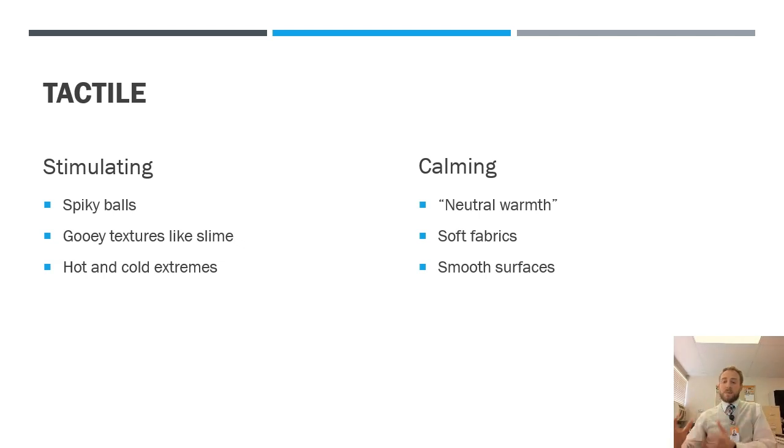Versus if I need to come with the calming approach, I'm going to search for neutral warmth. And one way to get that is with a very light compression. So that could be with the garments that the child is wearing. If they have just a very lightly stretchy spandexy fabric that's not too tight, that can provide neutral warmth.